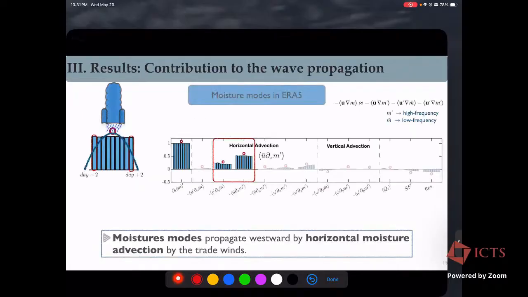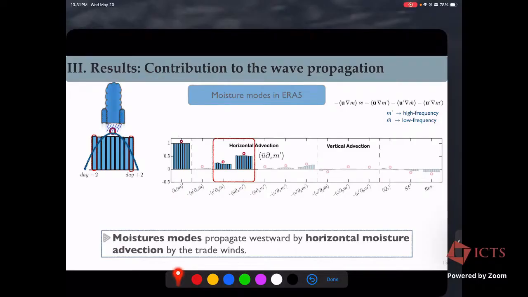Okay, let's start with the contribution to the wave propagation. In this figure, each bar basically represents how much each term contributes to the propagation of our moisture modes.